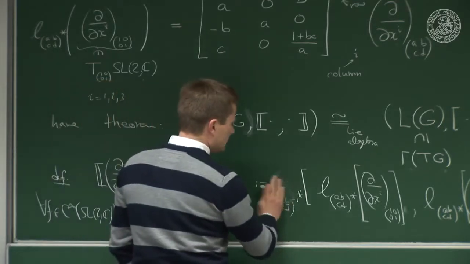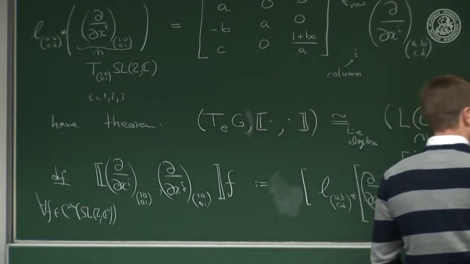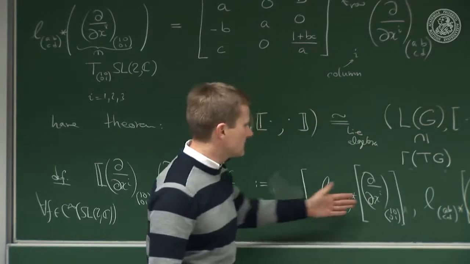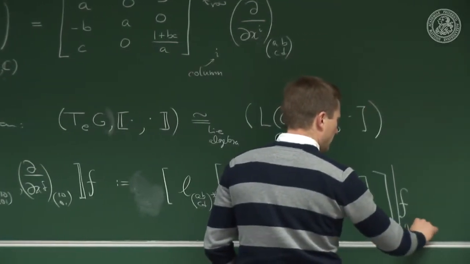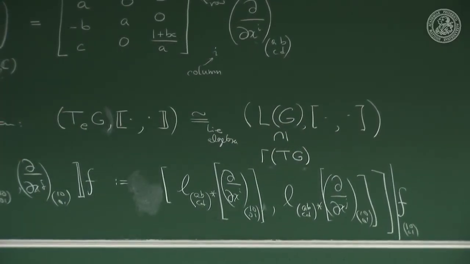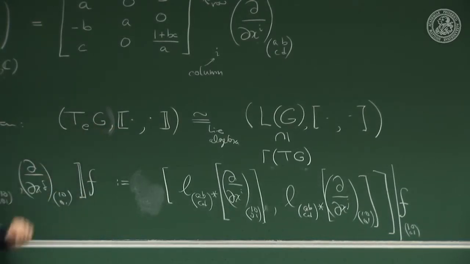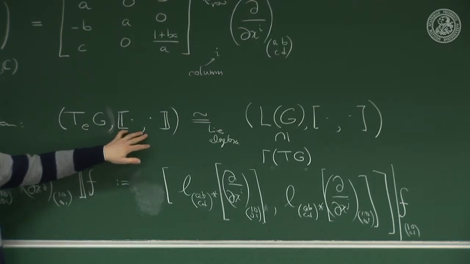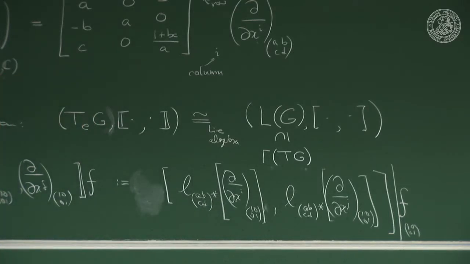But an even easier way to obtain the relevant vector at the identity is to evaluate the whole guy here, so this bracket, to evaluate it at the identity before we apply it to the function f. So we get a vector at the identity. And this fully defines this Lie bracket on this tangent space, but in order to study the corresponding structure here, we definitely need to calculate the right-hand side.